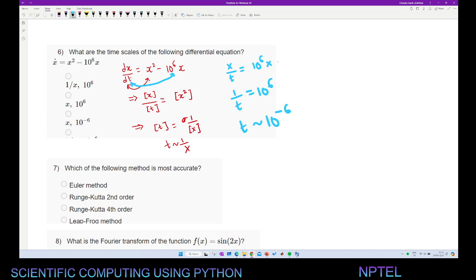Okay, so the correct answer is, oh, I think it was supposed to be this one, 1 over x and 10 raised to minus 6.